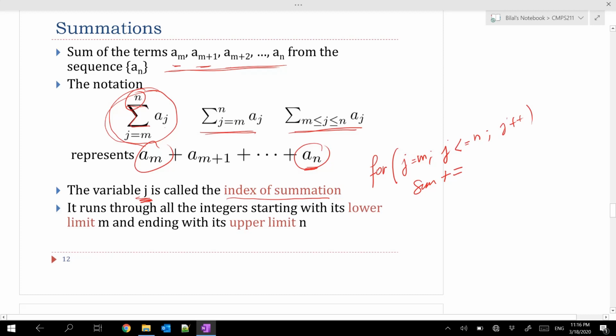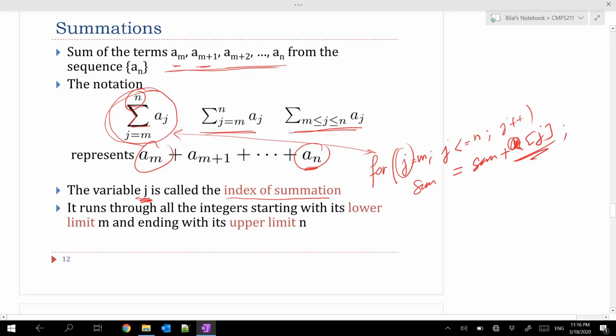If you're not familiar with this notation, I would remove the plus from here and put it after the equal: sum equals sum plus a_j, if you have an array of n elements called a, and you can iterate over all these elements a_j. This is exactly what you would do in programming languages to denote this summation, and this is why j is called the index of the summation, or the index of the iteration in coding.